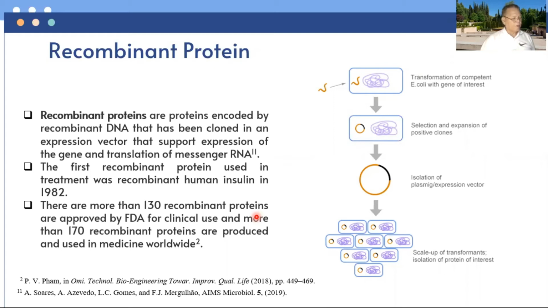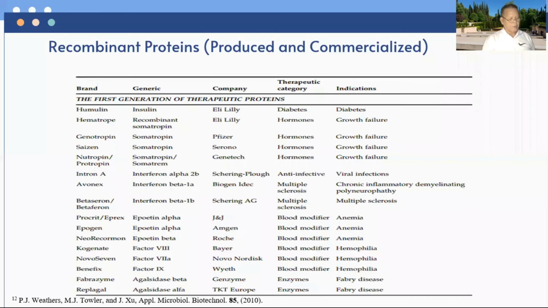The first recombinant protein used in treatment was recombinant human insulin in 1982. Several recombinant proteins have been produced and commercialized. Let's see this one. Let's see one by one.